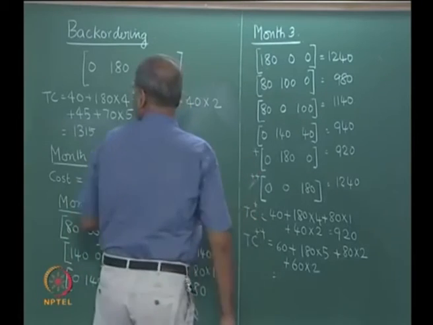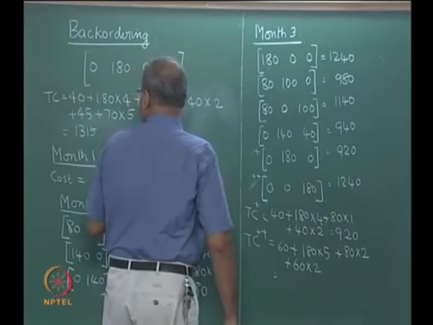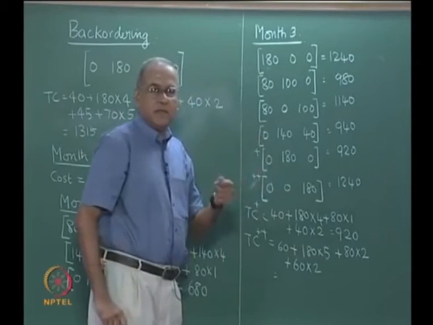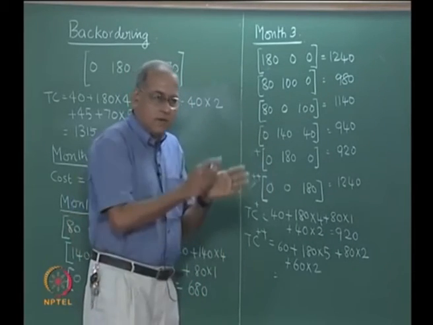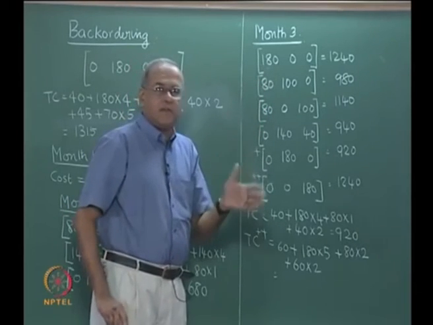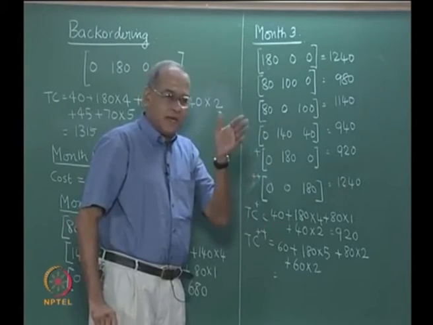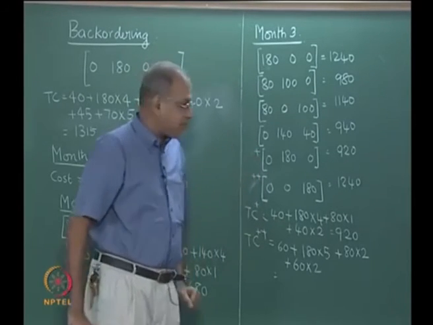So 100 into inventory cost of 2 plus another 40 is carried at the end of the second month, so 40 into 2. So when we do the inventory calculation, we take the inventory at the end of that month and then multiply by the inventory cost given for that period.